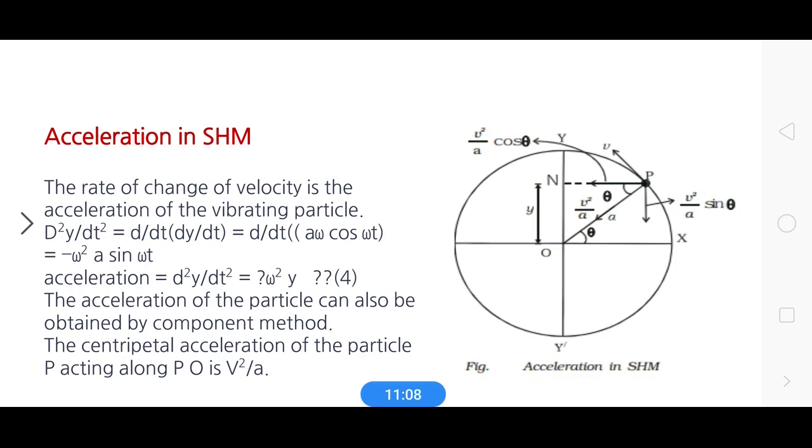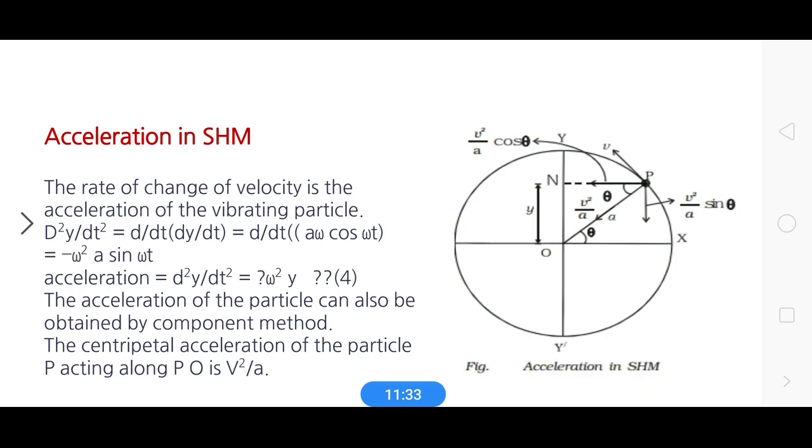The centripetal force is equal to mv square by r, and here r is nothing but a. So mv square by a is the centripetal force and v square by a is the centripetal acceleration.